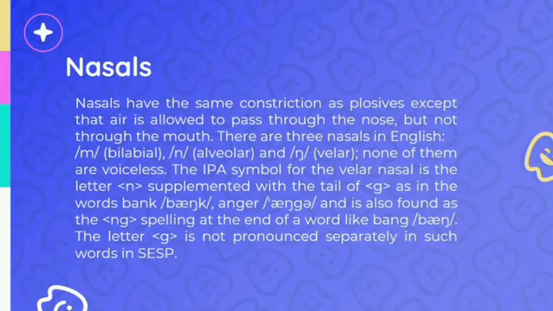The IPA symbol for the velar nasal is the letter N supplemented with the tail of g, as in the words bank, anger, and is also found as the spelling at the end of a word like bank. The letter g is not pronounced separately in such words in SESP.